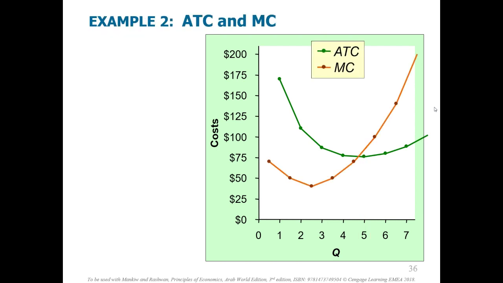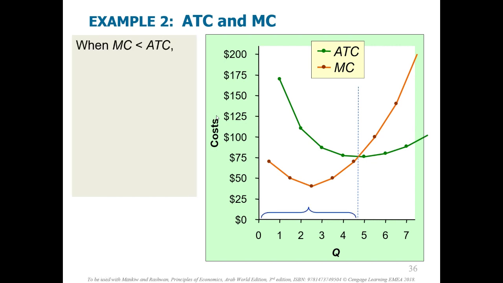Now, at the minimum of your average total cost is what we call efficient scale. Now, regarding average total cost and marginal cost, I want you to understand the relationship. Remember this quantity here, this is 2. At 2, the marginal cost is maybe 40 something, but the average total cost is way higher. So if marginal cost is below the average total cost, your average total cost is falling.